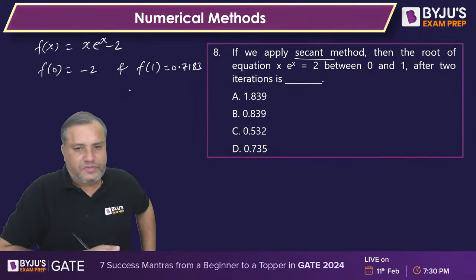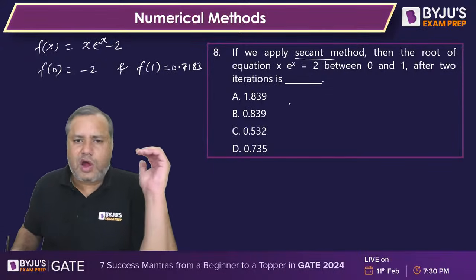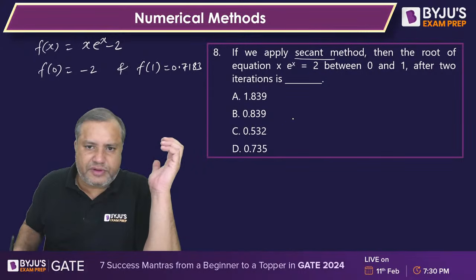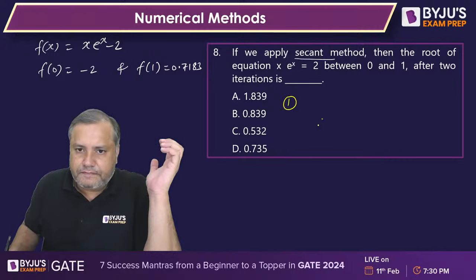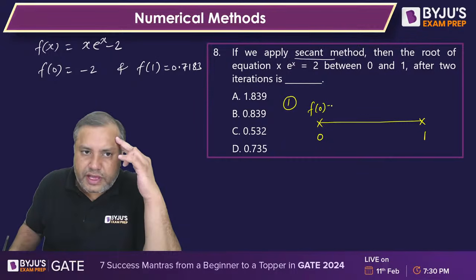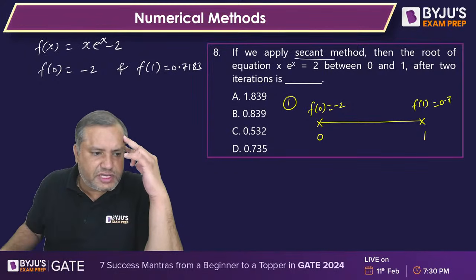Got it? Now, how to apply secant method? Let us see the first approximation. Please concentrate. Everyone, please concentrate. Initial approximations are 0 and 1. F of 0 is minus 2. F of 1 is 0.7183.